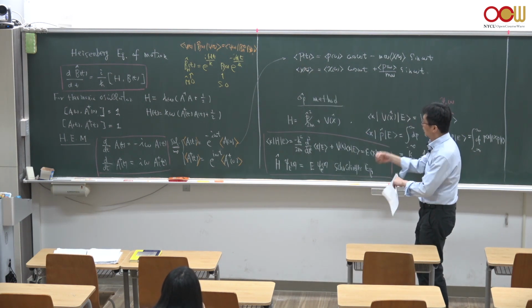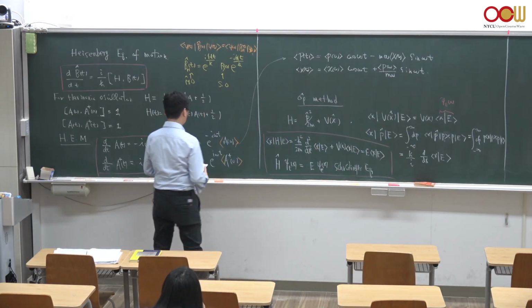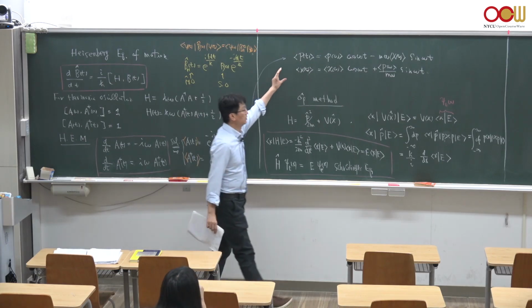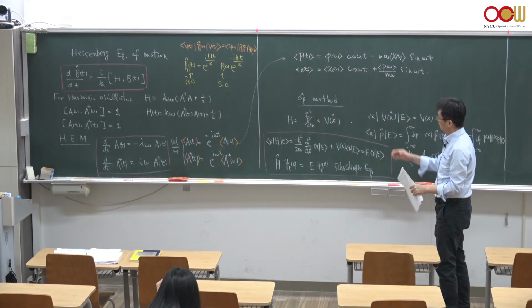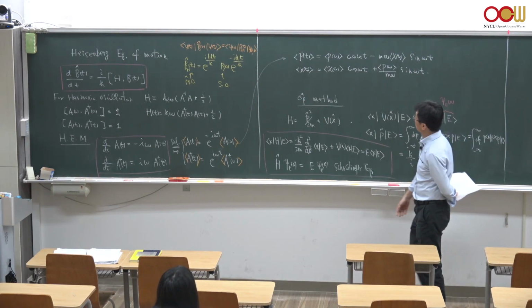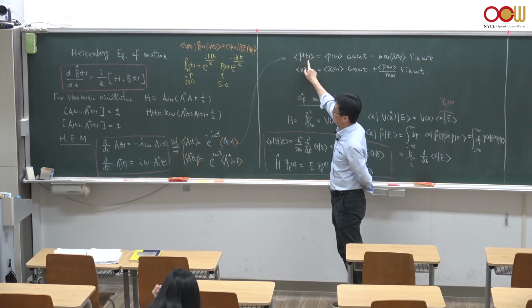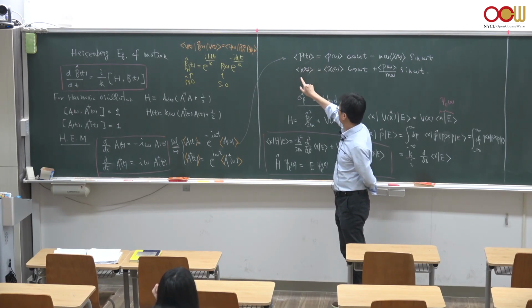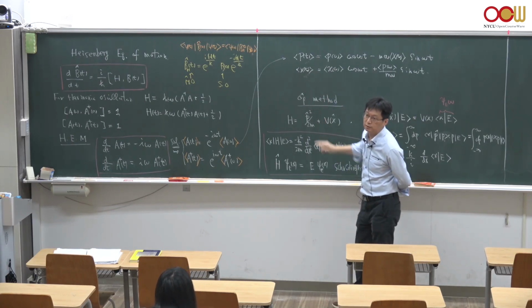So you can actually convert from this solution to these solutions easily, because we know their relations. We simply convert that into the variables that we are familiar with, namely the expectation value of the momentum operator and the expectation value of the position operator as a function of time in the Heisenberg picture.